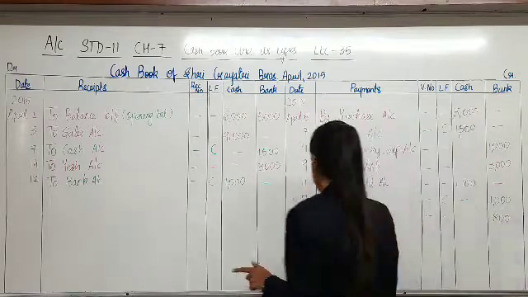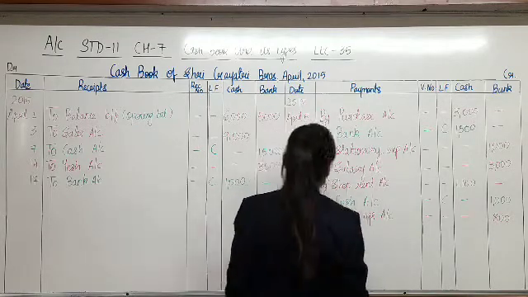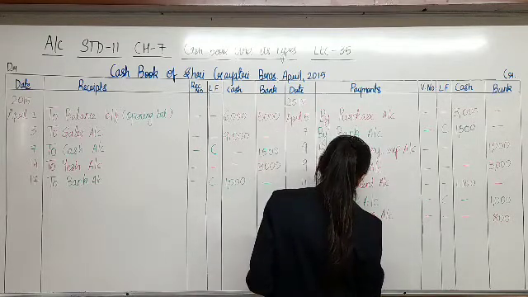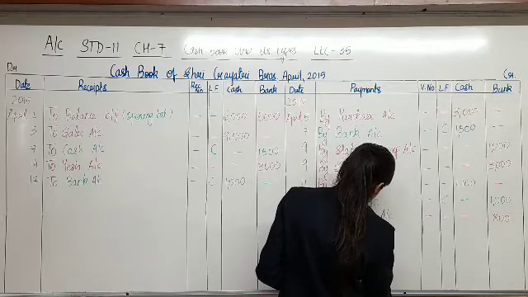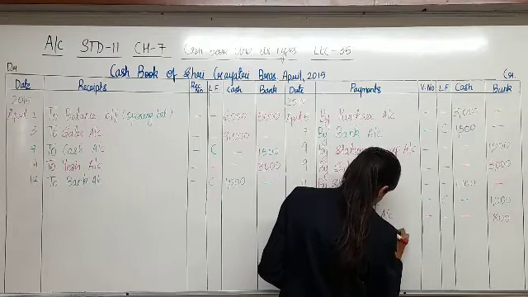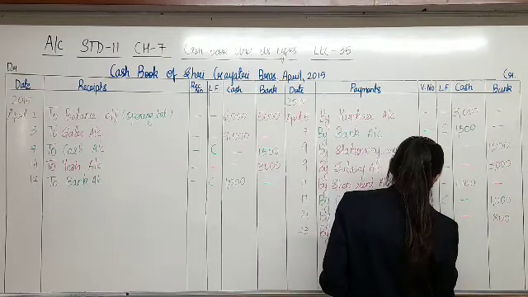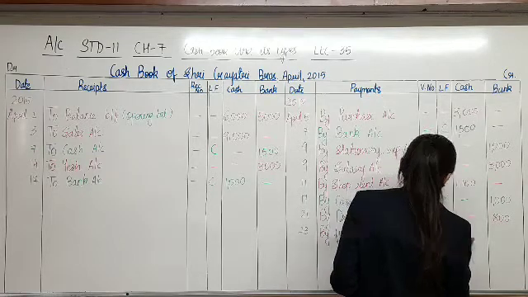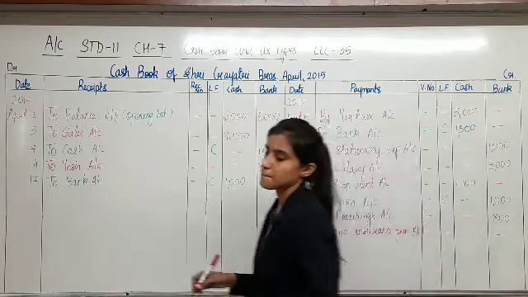So on payment side, 23rd of April, by fire insurance premium. Of course, you have paid in cash. How much?